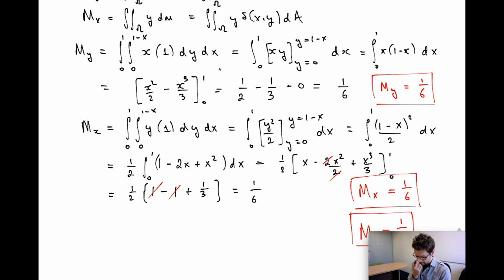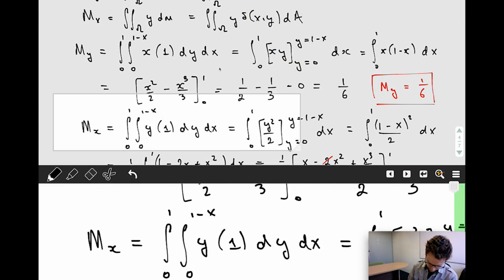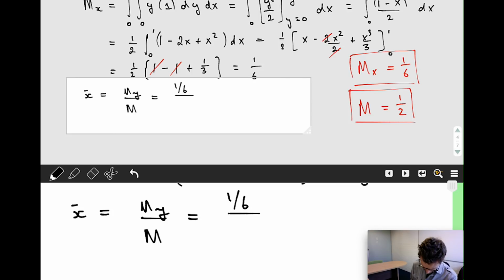So for the constant density case now, we can calculate what the center of mass coordinates are. The center of mass coordinate in the x direction is going to be given by the first moment in the y direction divided by the mass, so that's 1/6 divided by 1/2. That'll be given by 1/6 times 2, which is 1/3.